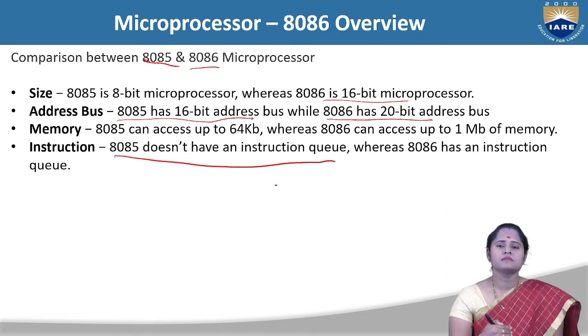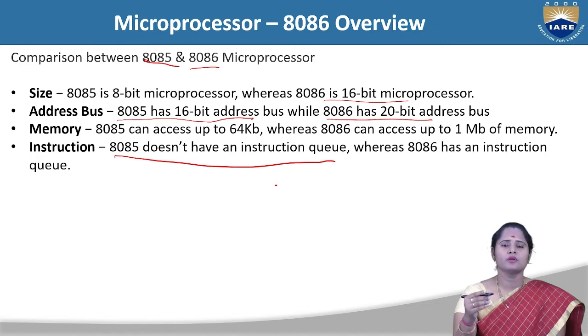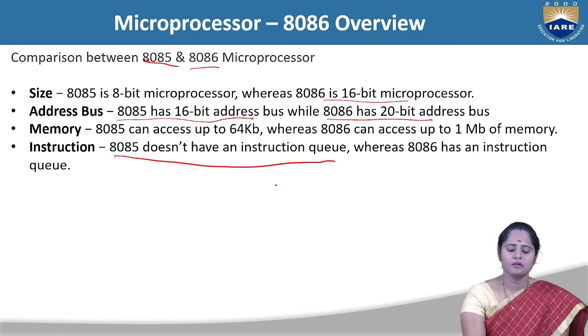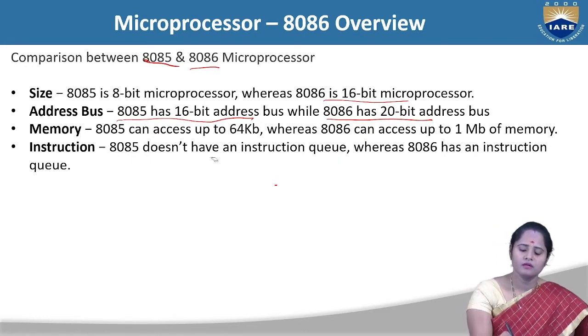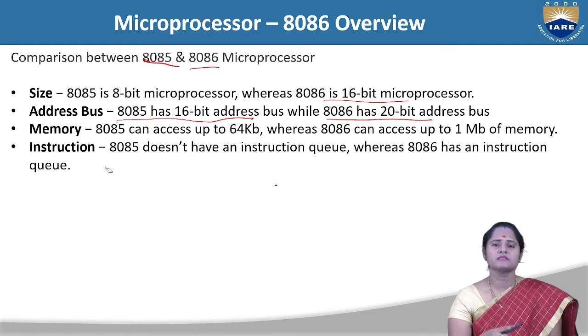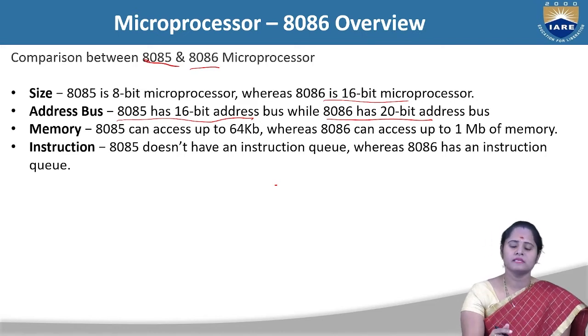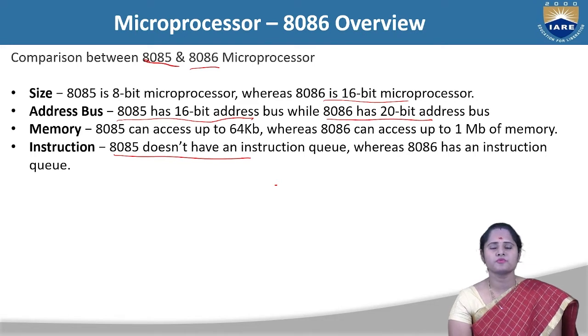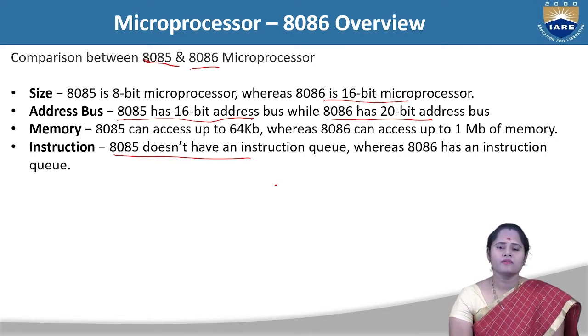That part is removed, so the ALU takes the instructions and executes faster, and the time taken for execution is very little. Whereas the 8085 does not have any instruction queue. So compared to the 8086 processor, the 8085 is slower.